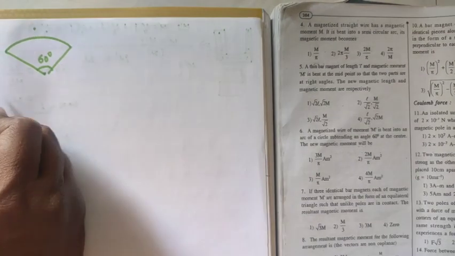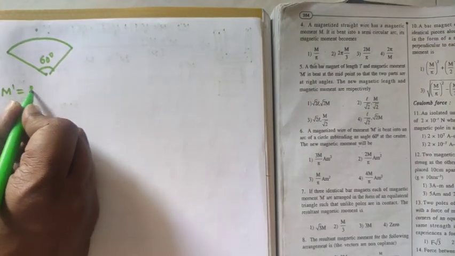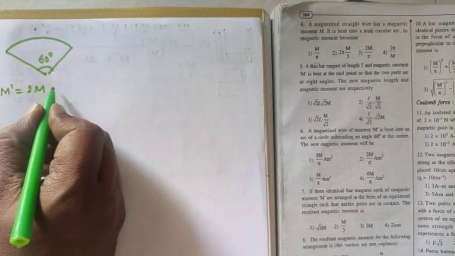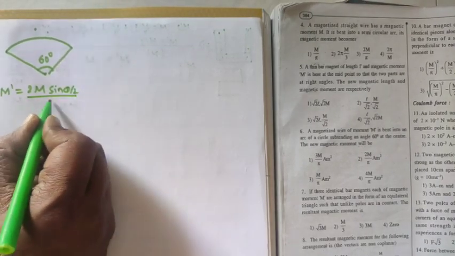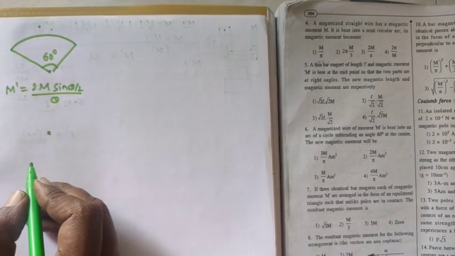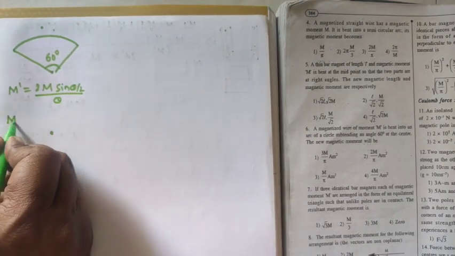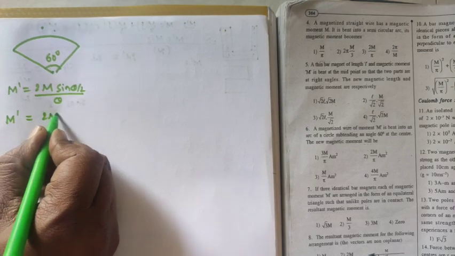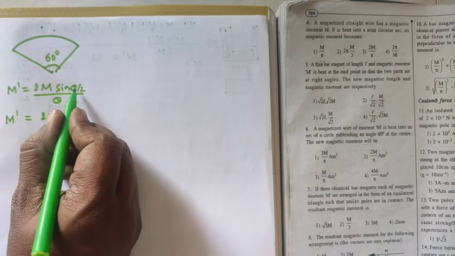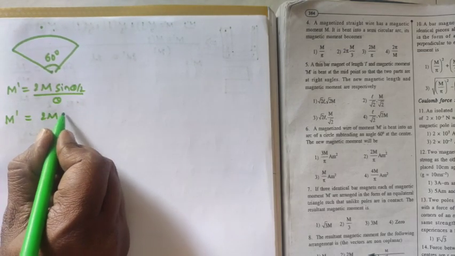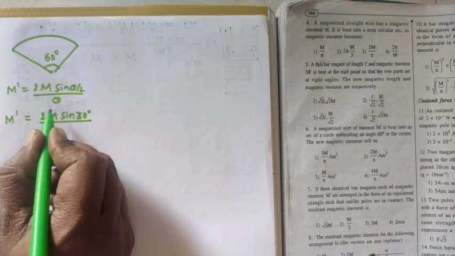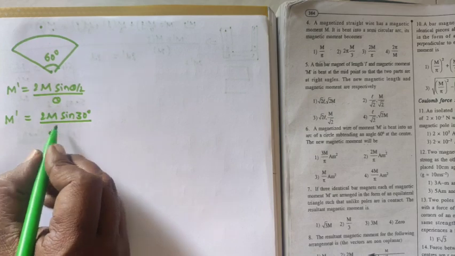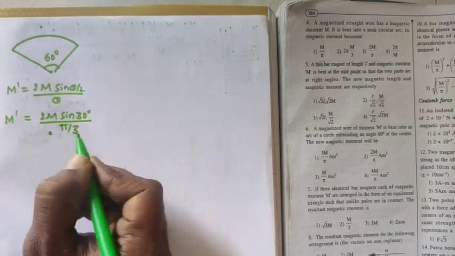New magnetic moment. Again the same formula, M dash is equal to 2M sine of theta by 2 divided by theta, right? M dash, look at here, 2 into M. So theta means 60 here, 60 by 2, 30, sine of 30 degree. Theta value is 60, shall I write it as pi by 3 here?